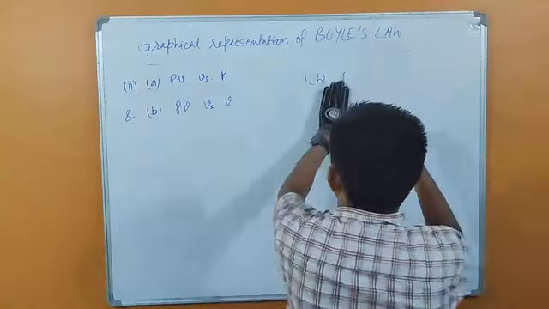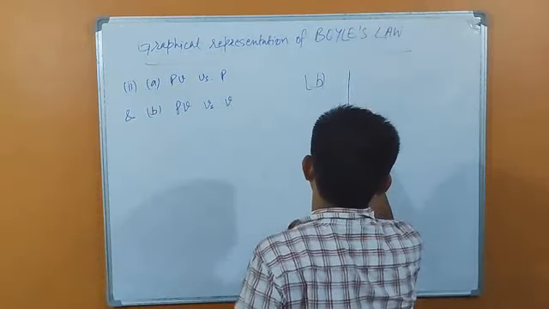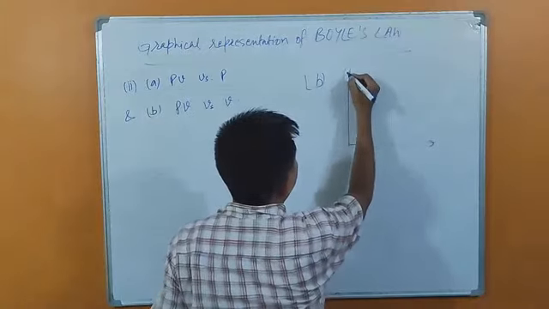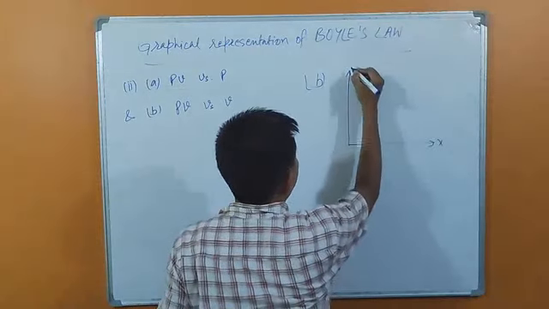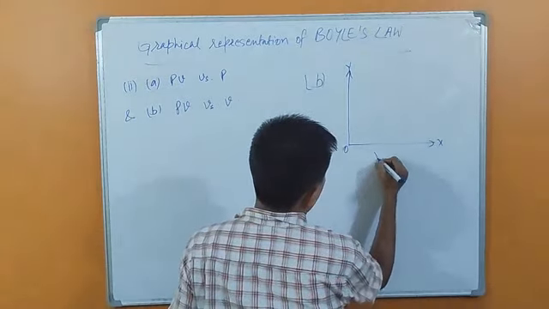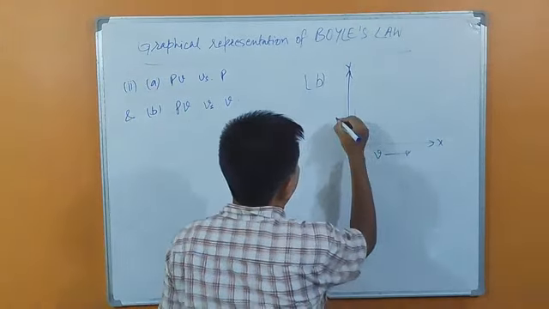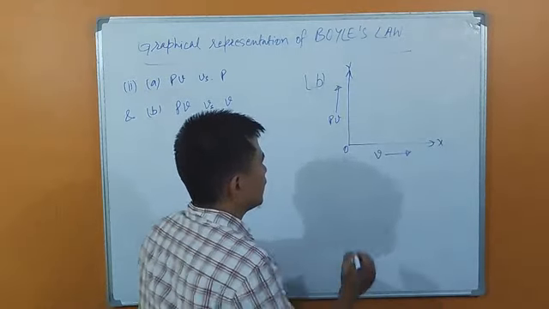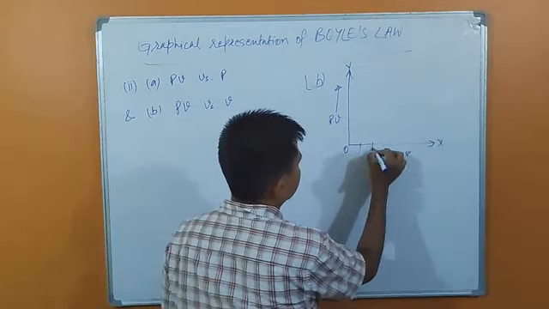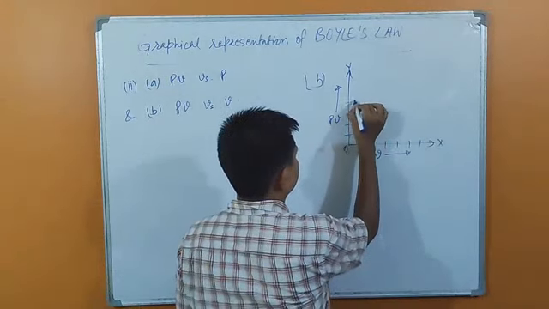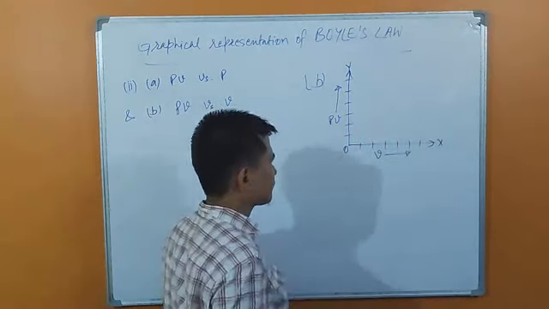PV versus V. This is the y-axis and this is the x-axis. This is the point 0. I plot volume on the x-axis and PV on the y-axis. If you go from 0 to the right-hand side, volume increases, and if you go upward, PV increases.